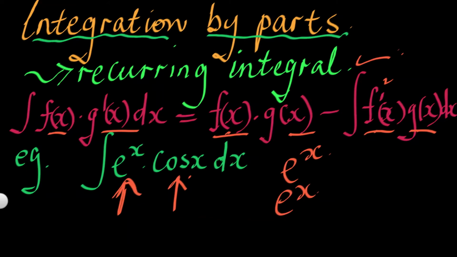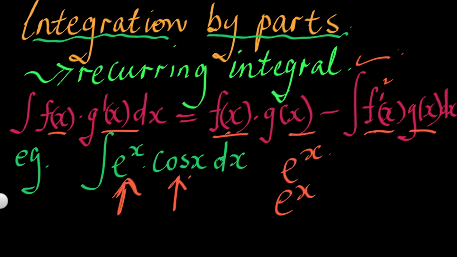If we choose cos x as our f of x, if we differentiate it, we get minus sine x, which if we differentiate again, we get minus cos x. So it keeps recurring. It doesn't go away. Once we have such a situation, we are going to have a recurring integral, and I'm going to explain how you deal with that situation.